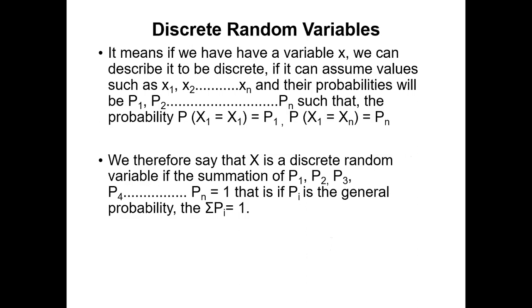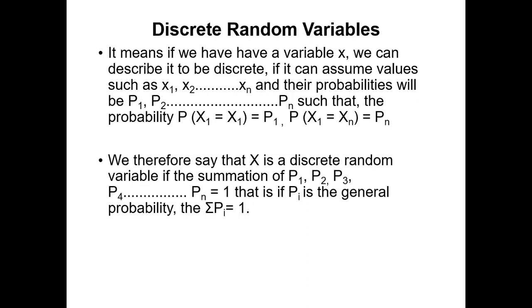In essence, they can be counted, not measured. When I say it cannot be measured, it means it doesn't have decimals. When something is measured, it can have decimals. For instance, your weight can be 76.9 kilograms. But discrete random variables themselves cannot have decimals. Of course, the probability of attaining those variables will definitely be decimals, but the variables themselves cannot have decimals.